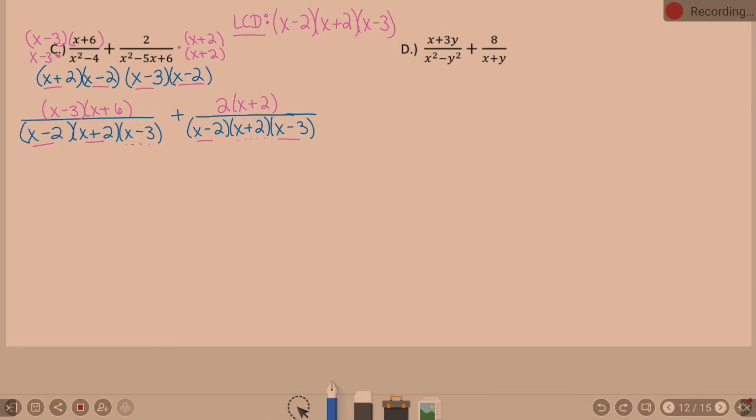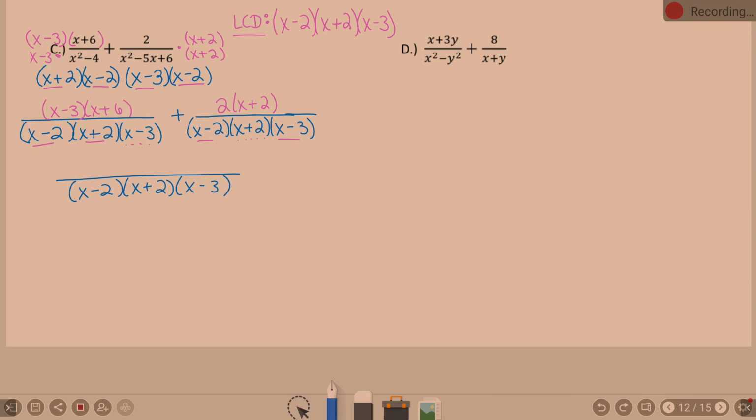Put them together as one fraction. Denominator is x minus 2, x plus 2, x minus 3. The denominators we're going to leave factored the entire time. The numerators, I need to multiply together so I can put my like terms together, because there's going to be canceling at the end here.